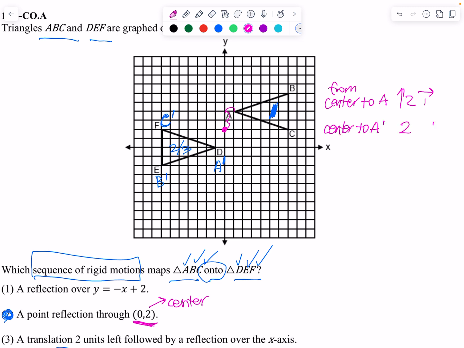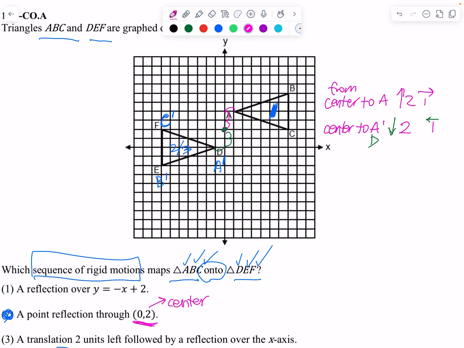It's the same numbers, but in the opposite direction. So instead of going up 2, I'm going to go down 2, and instead of going to the right 1, I'm going to go to the left 1. So let's go back to my center. So from my center, I'm going down 2 and to the left 1. And what do you notice? We reached point D, which is also known as A prime.